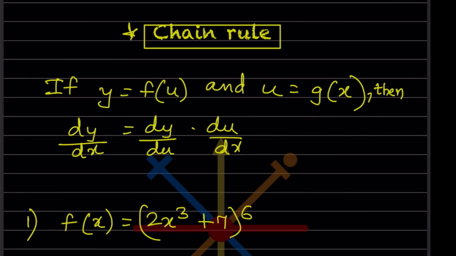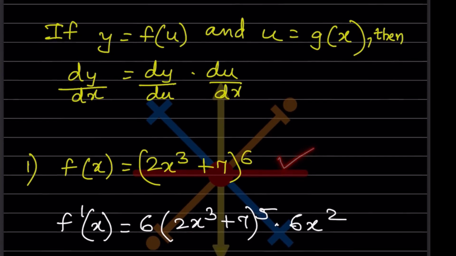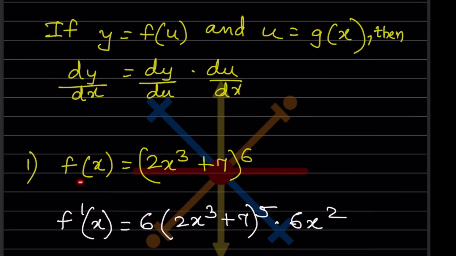Now see here, this is an example. f of x means this is y. So (2x cube plus 7) raised to 6. So dy by dx means f dash x, that is what? First we will take dy by du, meaning this whole part.